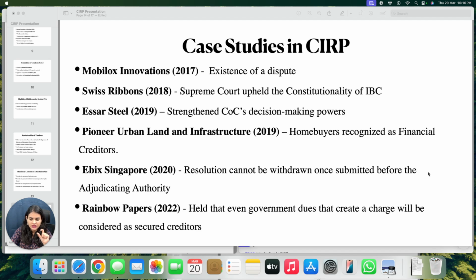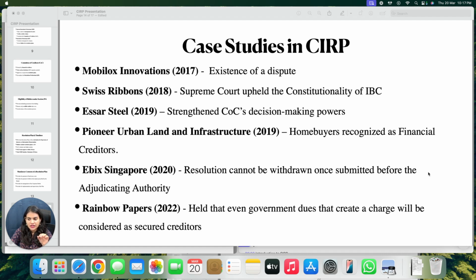So the NCLT gave an order stating that there is a pre-existing dispute and hence a CIRP cannot be initiated. However, the NCLAT overturned this order and stated that the NCLT cannot make a prima facie judgment like that just because there is a claim that the NDA has been violated, but no proceedings have been initiated and nothing substantial has come of it.